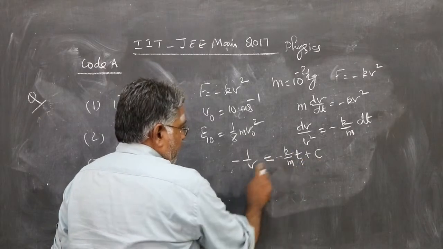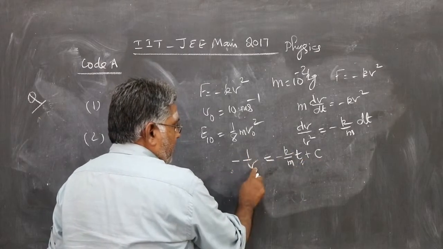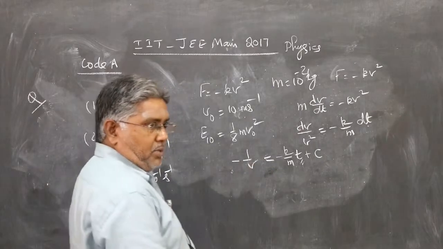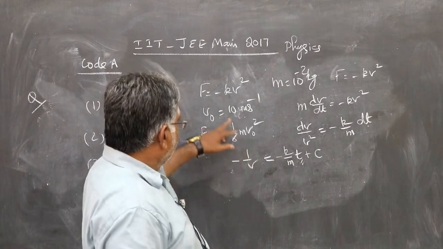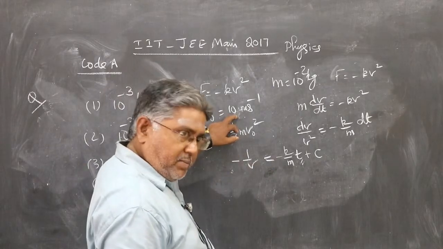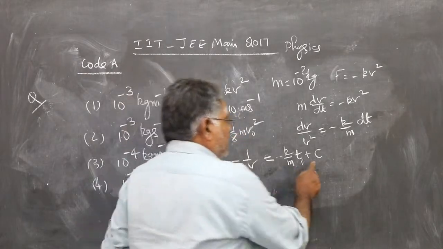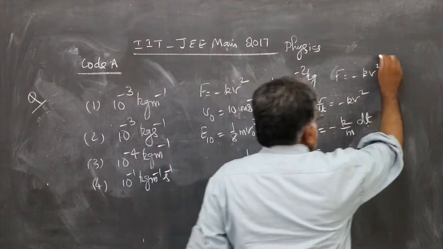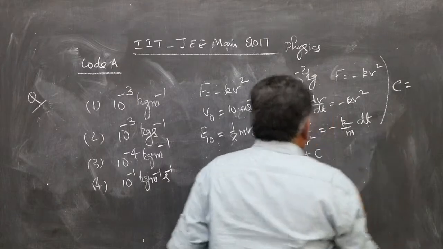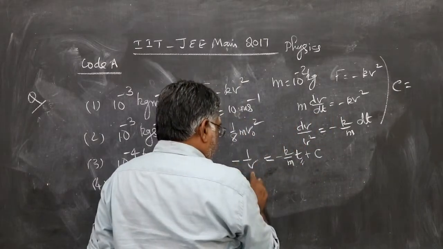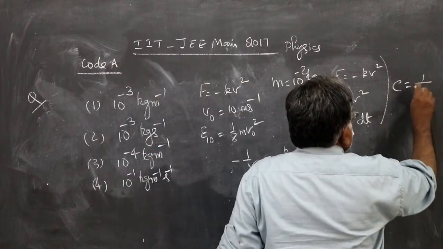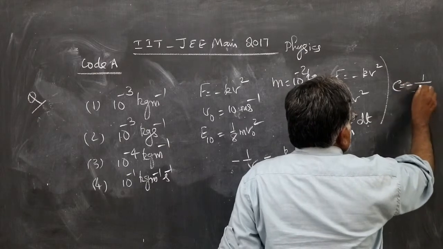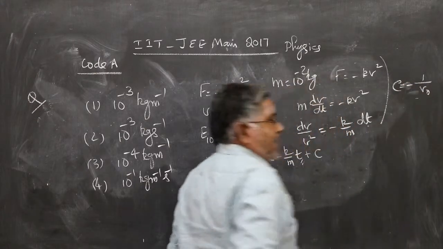C will remain. Here you have to write minus 1 by V0, because when time t is 0, V is V0, where V0 is 10 meter per second. Therefore, C will be minus 1 by V0. Of course, you can write V0 as 10 later on.